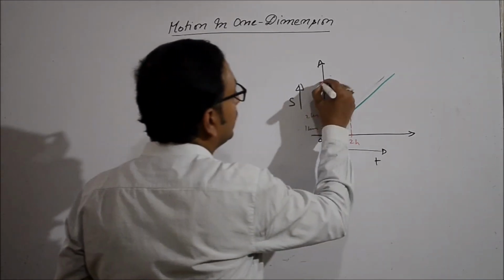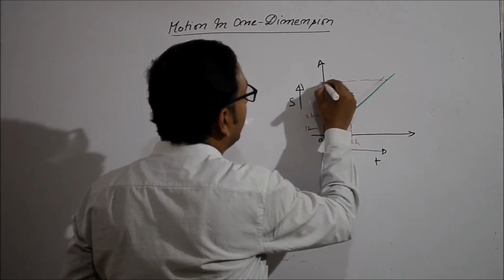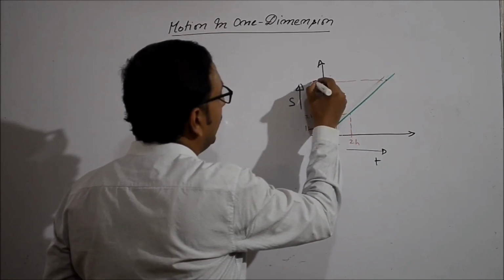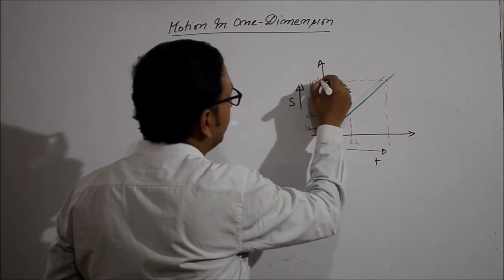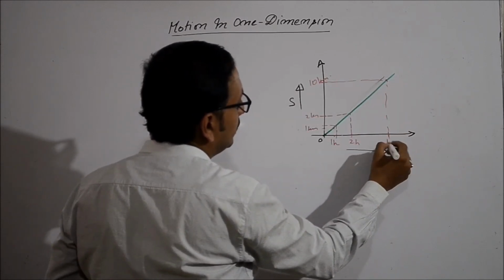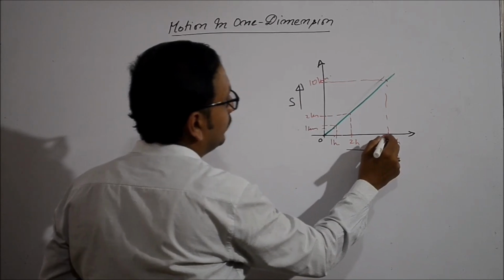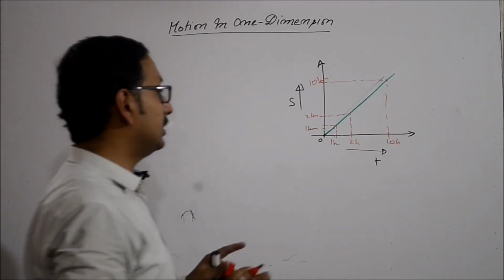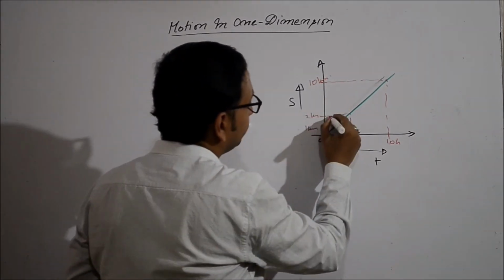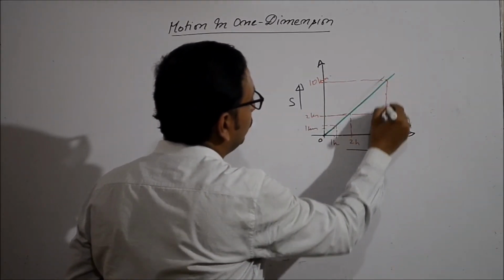If you see here, if I take this point, say this one as 10 kilometers and this one as 10 hours, I have taken just an example only. Now you are asked to find out the velocity.